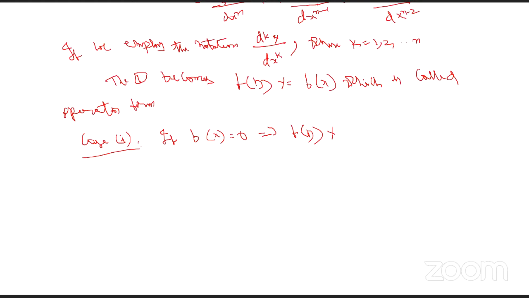L means linear, Homo means homogeneous, DE means differential equation.